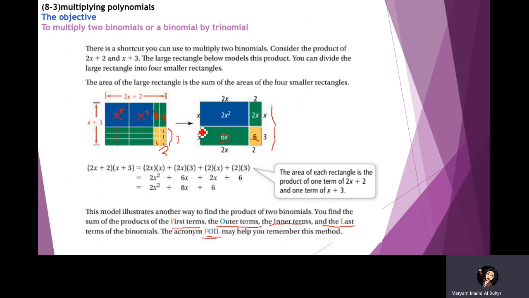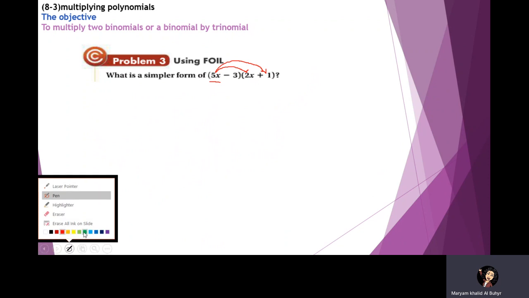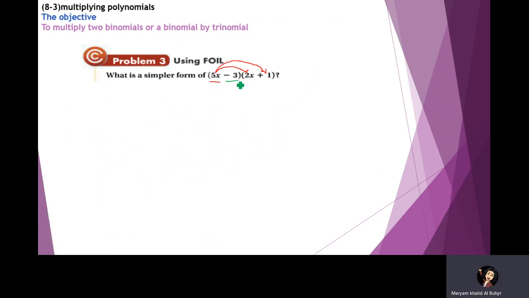But trust me, with the example, you will feel it's easier. So all your job, you will take this term, multiply it by the first term that you have here and the second term that you have here. Again, once you've done that, take this one, multiply it by the first term again and the second term.